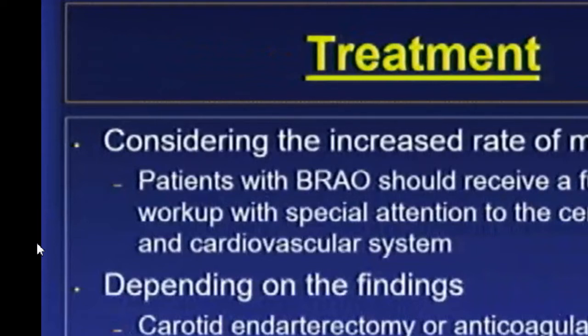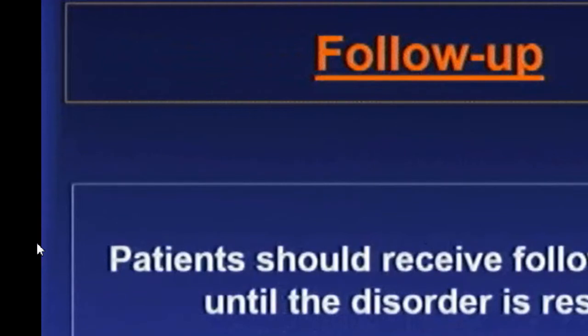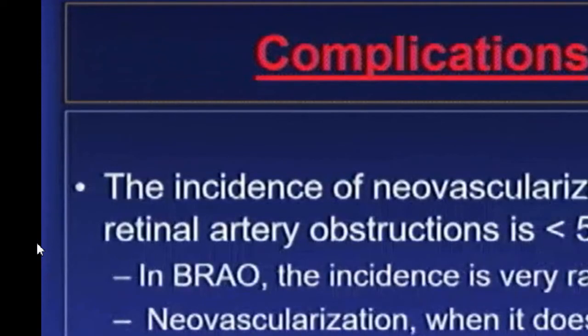Patients with branch retinal arterial occlusion should receive a full medical workup with special attention to the cerebrovascular and cardiovascular systems. Depending on the findings, carotid endarterectomy or anticoagulation may be indicated. The follow-up is usually not as frequent as with patients with central retinal artery occlusion.